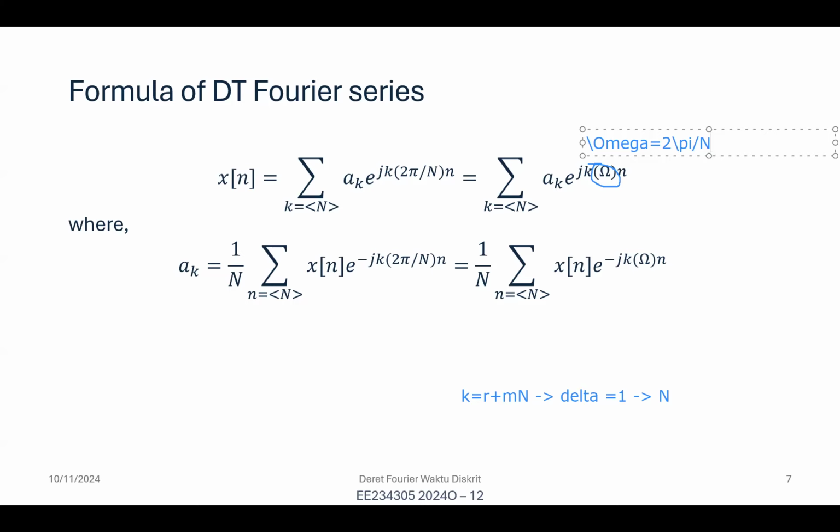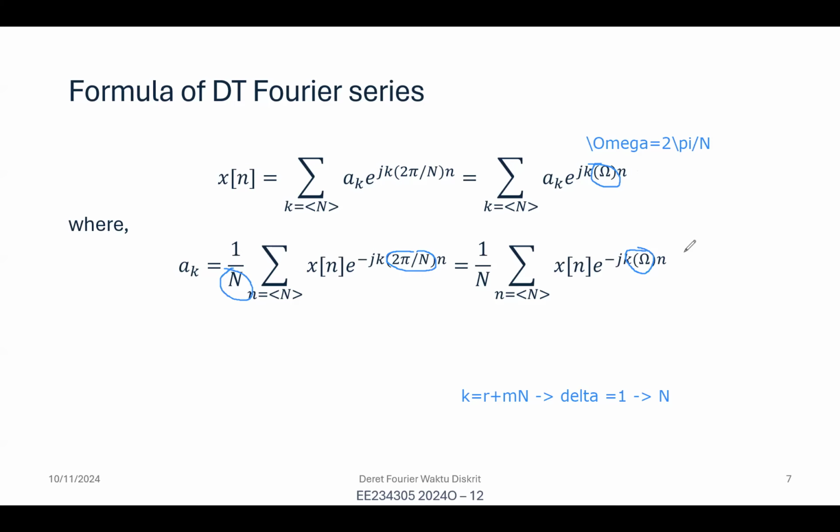So from 0 to N minus 1, which means that we can now divide by N. So this is 1 over N, the sum of x[n] e to the power of minus jk 2 pi over N times n, which now we again go back to this and we get omega as a simplification of 2 pi over N. Now, we have a_k.